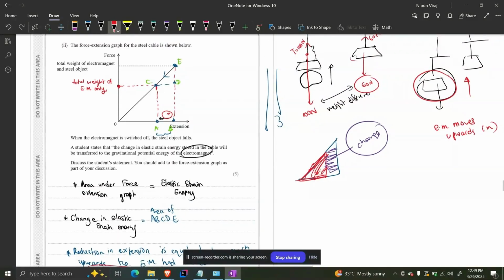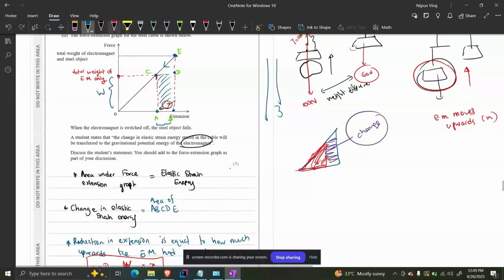That will give the change in gravitational potential energy of the electromagnet. This is the weight of the electromagnet, this is how much it has moved, so this is that area. Therefore, the change in gravitational potential energy is the weight of the electromagnet multiplied by how much upwards it had moved. So that is equal to ABCD.